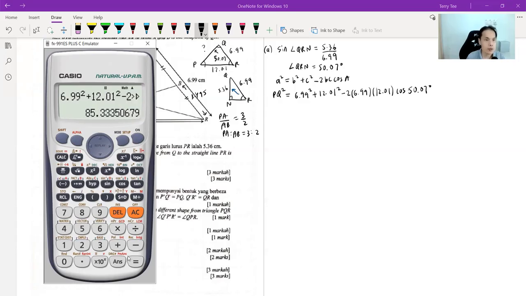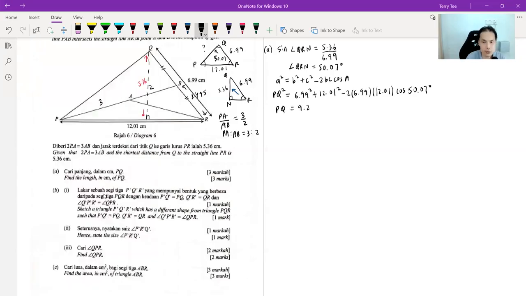Close bracket, equals, square root, answer equals. I got 9.238. PQ is 9.238. You don't have to write a lot of steps, but please don't calculate and leave it in decimal and then square root. Do it in one shot, one step. After all, only 2 marks are given, 1 for the formula, 1 for the final answer. Writing additional steps is just not necessary.